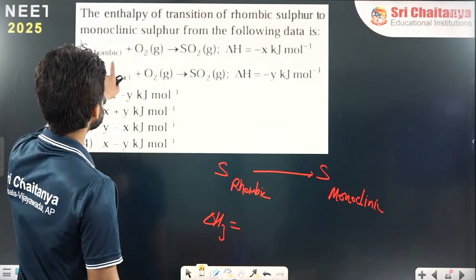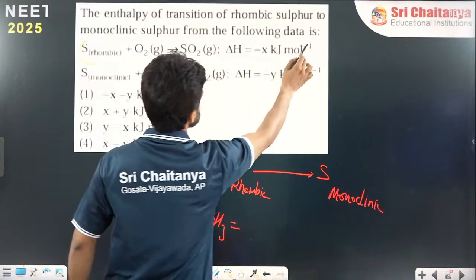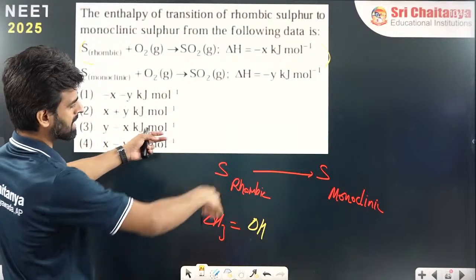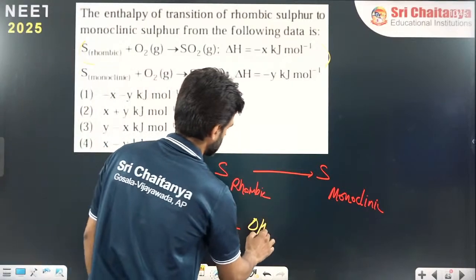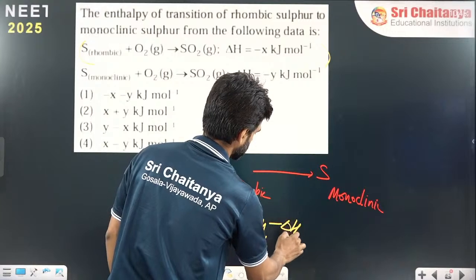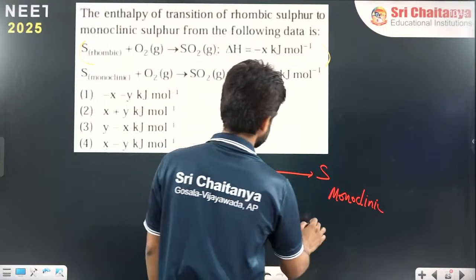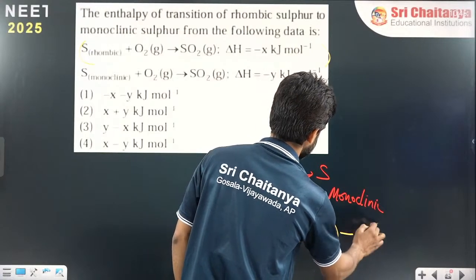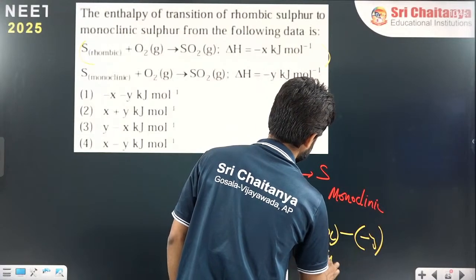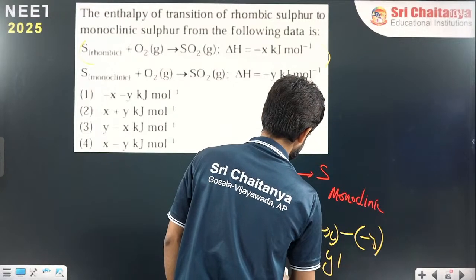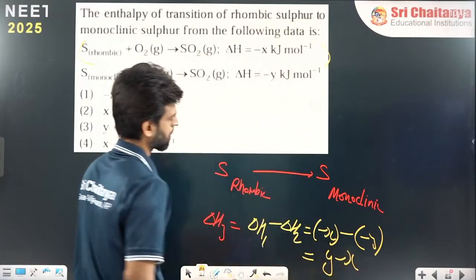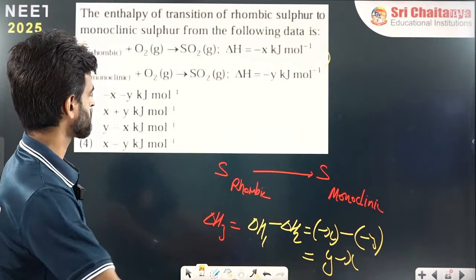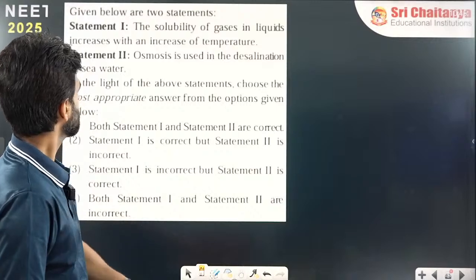Rhombic is here, so I will keep it as it is, no change. So just delta H1. But to get the monoclinic on that side, I will flip it, na? So delta H1 minus delta H2. Delta H1, beta, how much value? Minus x. Minus delta H2, how much value? Minus y. Minus y becomes plus y, sorry. So y minus x. Okay, that we can find.